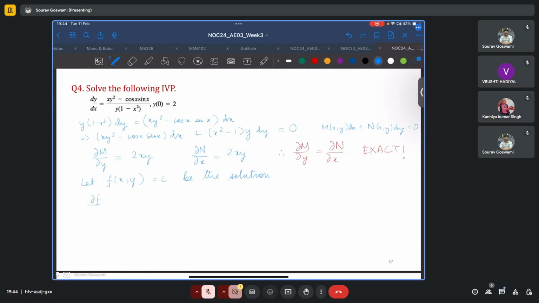Now ∂f/∂x is equal to M, which is already known to us, xy square minus cosine x sin x, and if we integrate this with respect to x, then f of x, y will become the integral of (xy square minus cos x sin x) dx plus some function g of y.